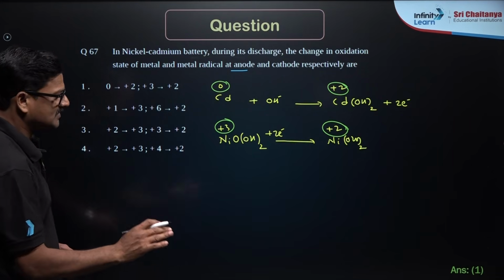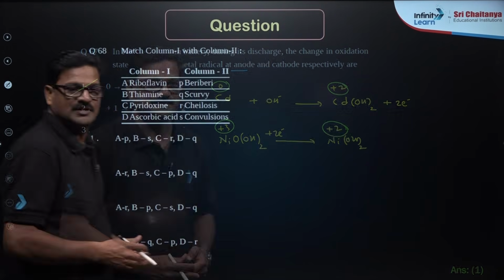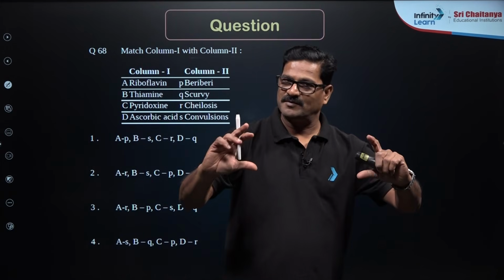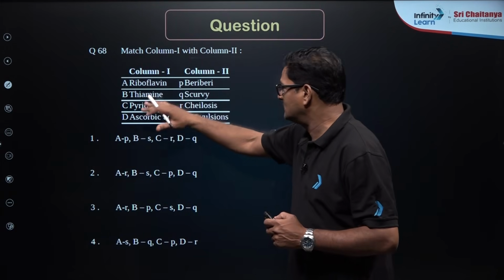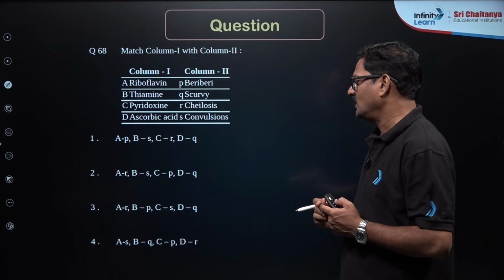So I want to say option 1 is the correct answer for this question. Students, this is a question directly from NCERT. These are the vitamins and these are the deficiency syndromes.